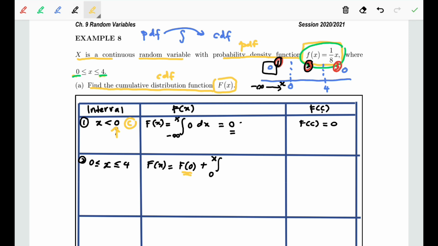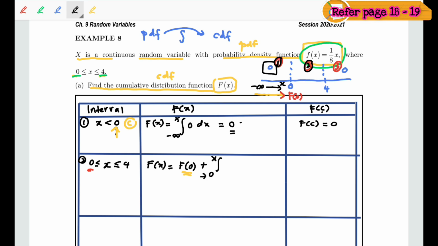This is the cumulative function. We accumulate from the starting point, from negative infinity until f of 0. Before we enter this interval, we have already accumulated from the first interval, so for this one, it is f of 0 plus the integration of 0.